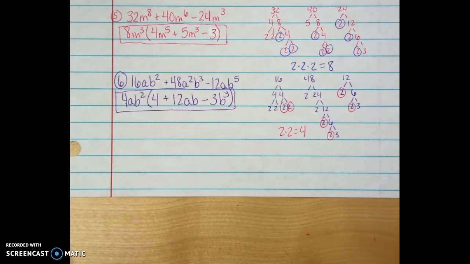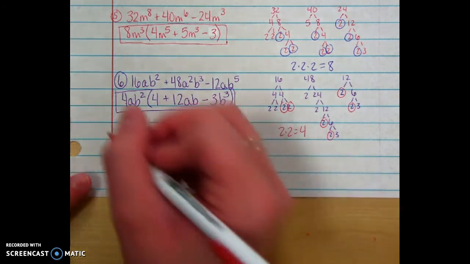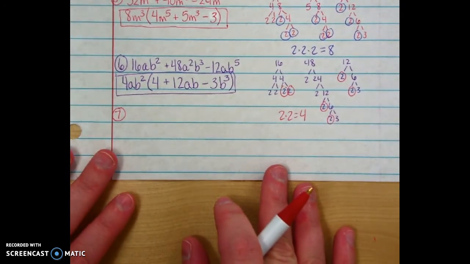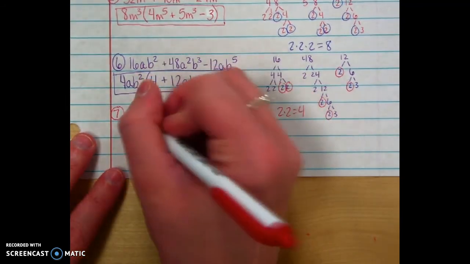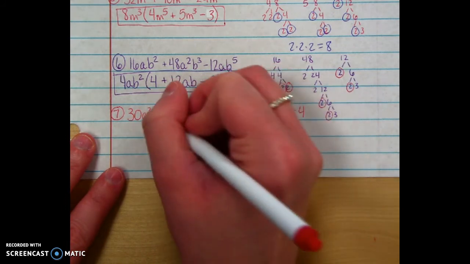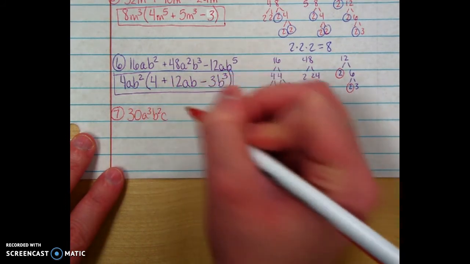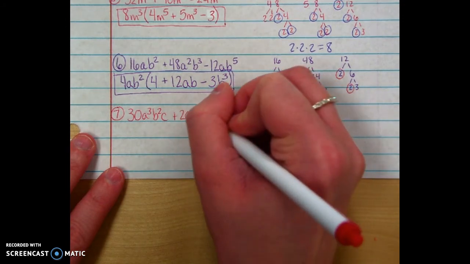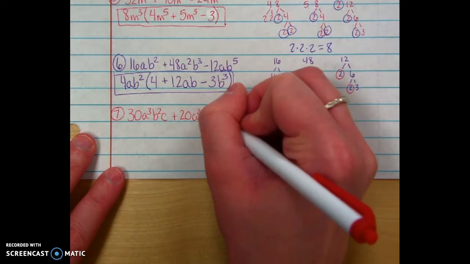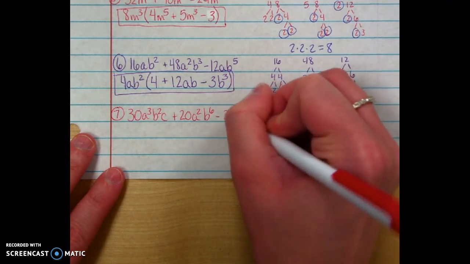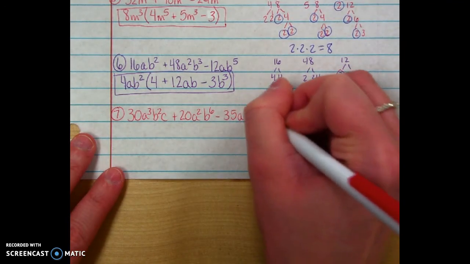Okay, I have one more. Number 7. This is the trickiest one. 30 a to the third b squared c plus 20 a squared b to the sixth minus 35 a to the fourth b squared.